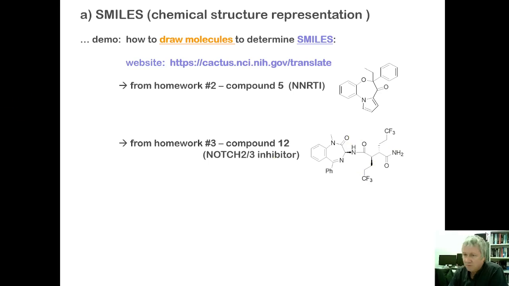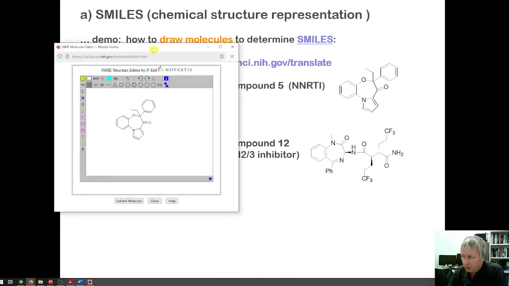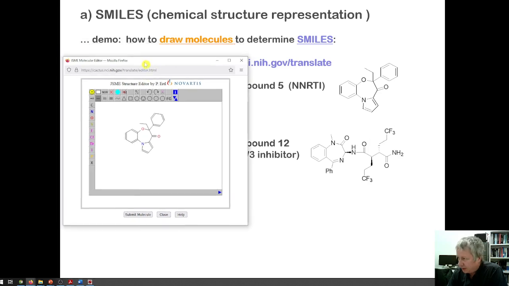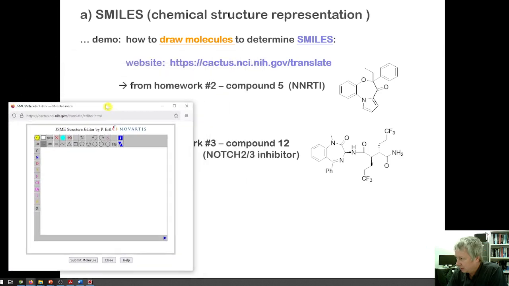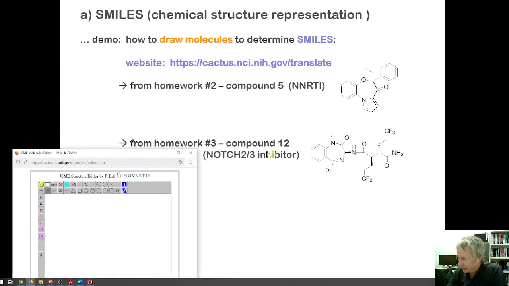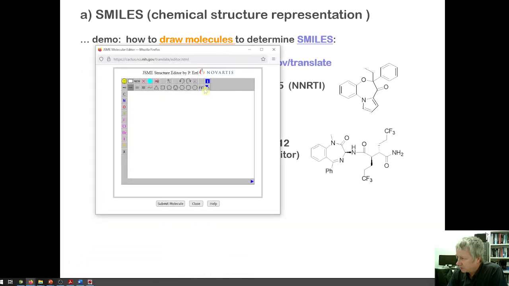Okay. So back to the editor. How do I delete this thing I drew? I think the white box up by the smiley face deletes. Yeah. Okay, and now this is the Notch 2, Notch 3 inhibitor that was in your homework problem set number 3. So let's try it out.